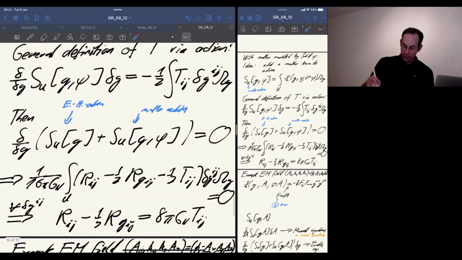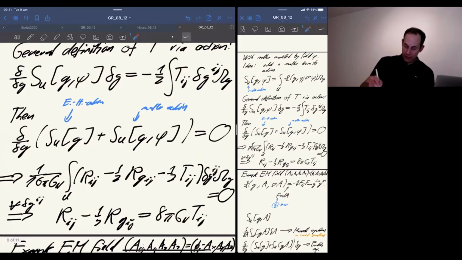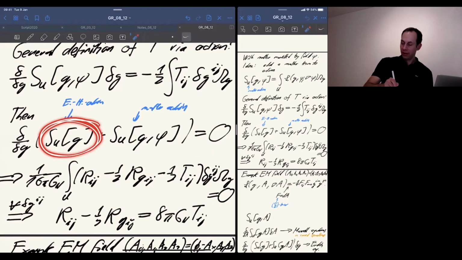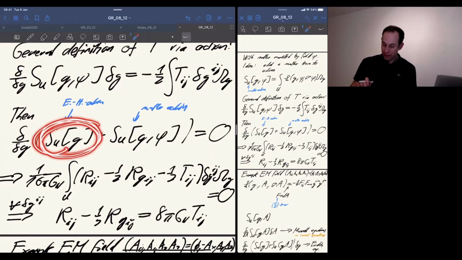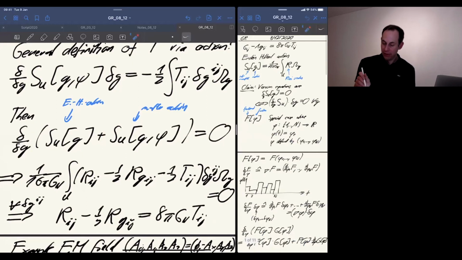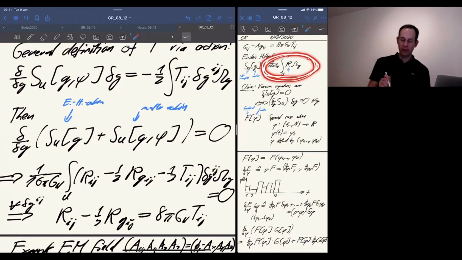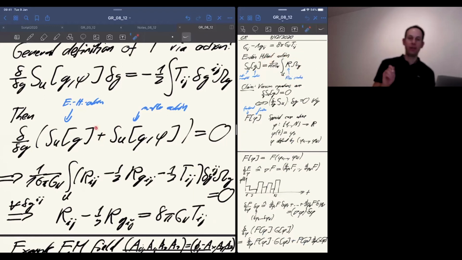It's essentially this action principle here. The first term is a pure geometric term. This was the term that is called the Einstein-Hilbert action and just includes an integration over the Ricci scalar. So that we always have as a term in the action.